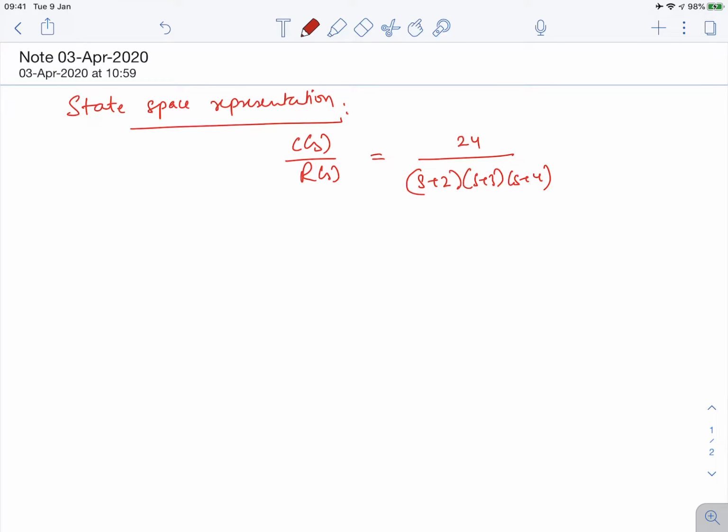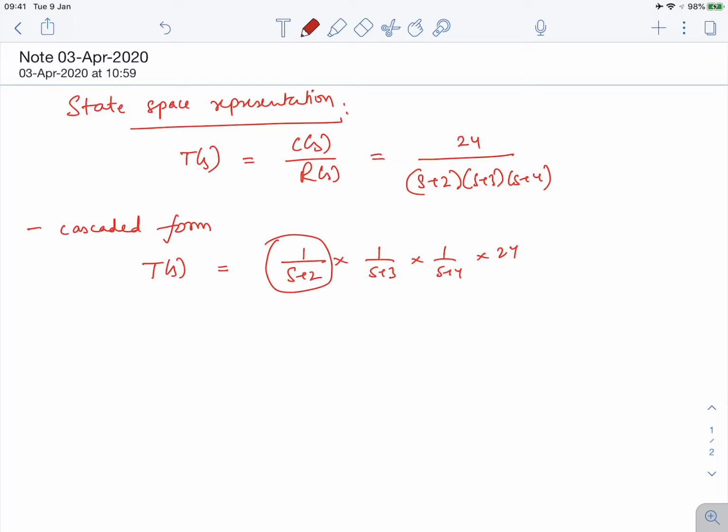From this transfer function, for example, if we go with the cascaded form, the idea behind writing the state space in the cascaded form is to represent this transfer function, let's call it T of s, as the multiplication of 1 upon s plus 2, 1 upon s plus 3, and 1 upon s plus 4.